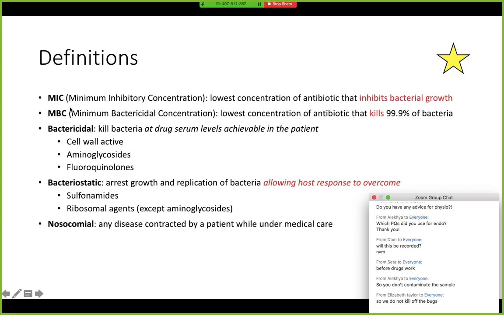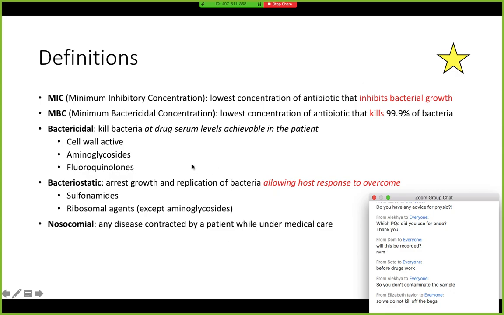Okay, so the MIC, the minimum inhibitory concentration, this is what's reported on your culture and susceptibility reports. So this is the lowest concentration of antibiotic that inhibits bacterial growth. So if you get back a culture and susceptibility report and a certain drug has a high MIC, that tells you that that drug is becoming resistant to that organism.